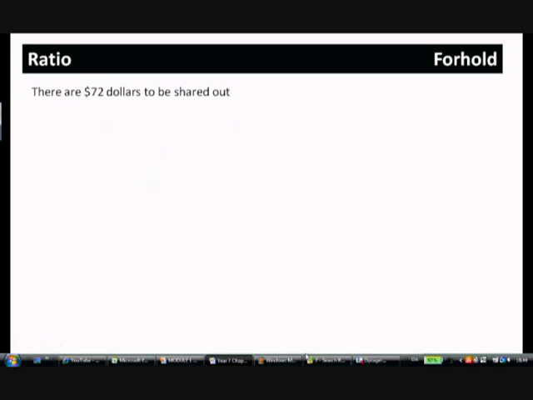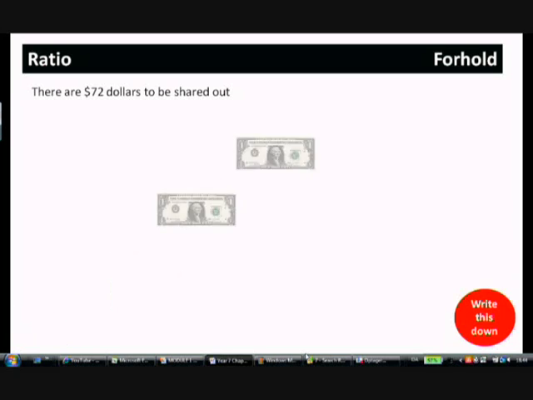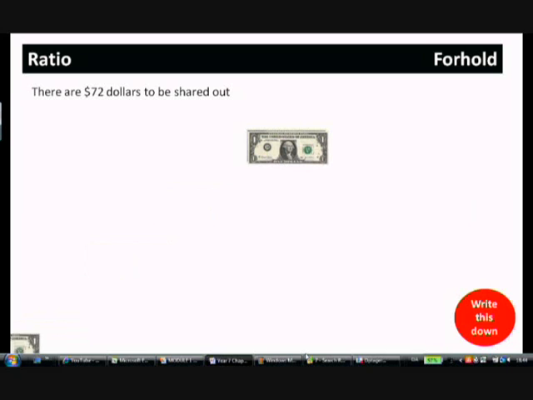So, in this problem there are $72 that are going to be shared out into those 12 bits. So just write that down. And this is what $72 looks like.